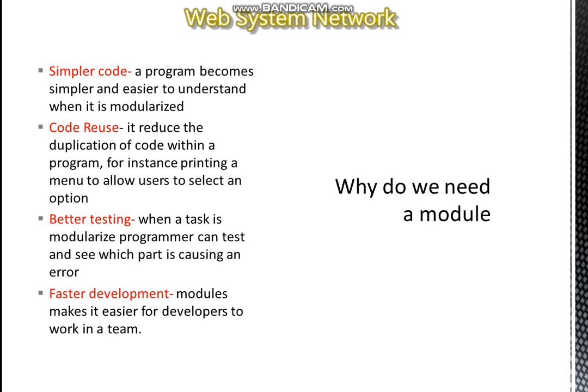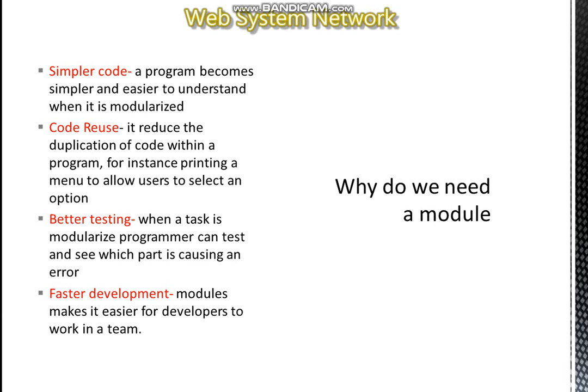And point number 4, faster development. Modules make it easier for developers to work in a team. Now, what does that mean? If we are a team, I can write a program that will display a menu on the screen. You can write a program that will allow a user to add an item.